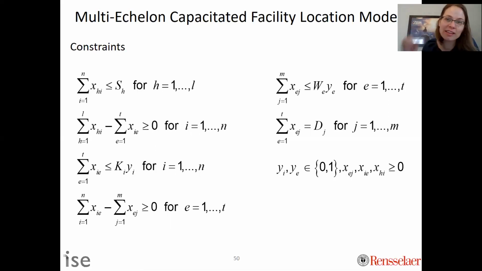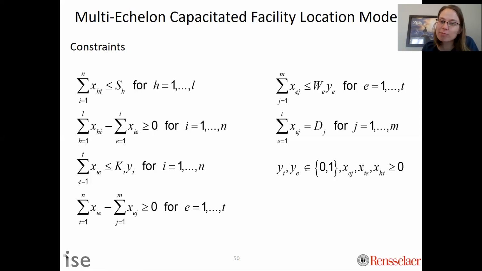If I don't, that's 0, and this goes away. That's similar to the single echelon one, and on the right-hand side, the top equation is for warehouses. These are the same type of thing, but again, we get to decide where a warehouse is, and we only have capacity Wi if we actually build there. Those constraints, the first one, the third one, and the top one on the right-hand side, are all similar, but now we need more of them.